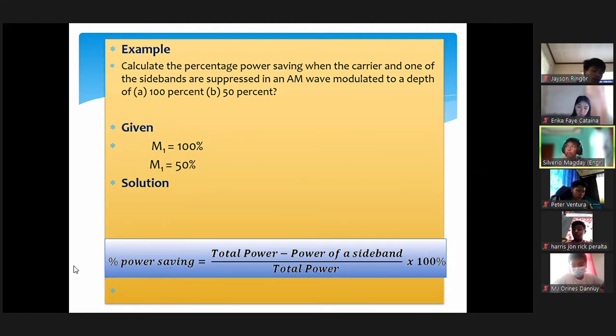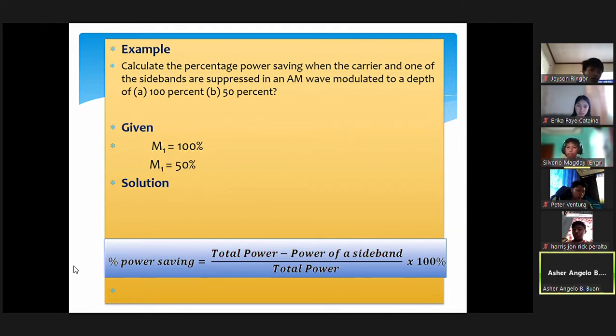Ilan kapag 100%? 83%? 83.3%. Good. Paano kapag 50%?